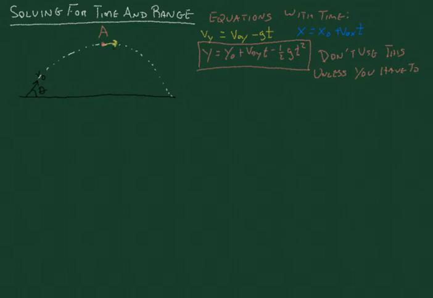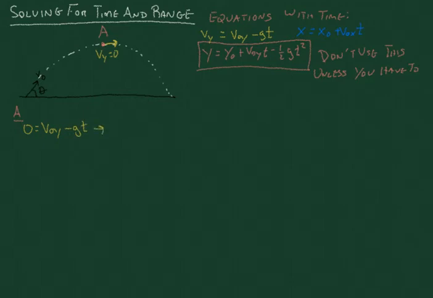Conservation of momentum tells us that the x component of its velocity isn't going to change at all, so it's always going to be continuing in that same direction, at that same velocity. But there's no y component, so Vy is equal to 0 here. So when we're at position A, this tells us that 0 is equal to v0y minus gt.